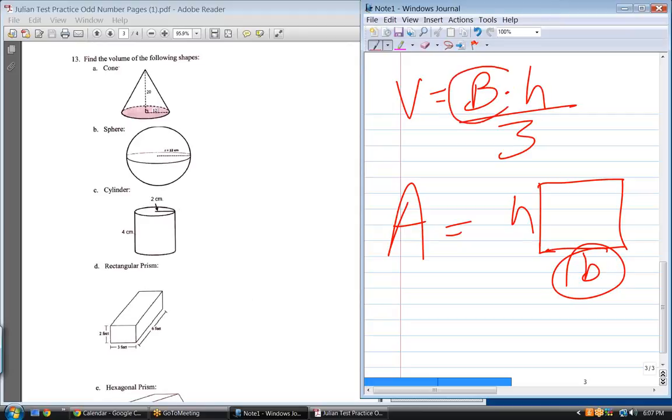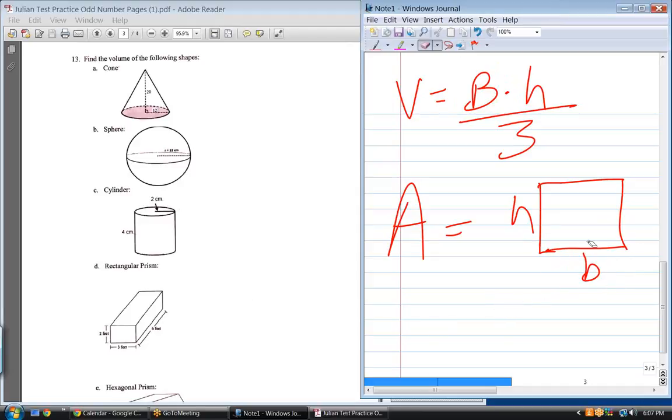This base up here, capital B, is the area of the base. Two-dimensional, measured in square inches, square centimeters, square meters, whatever. So to call both of them base is a little bit misleading.